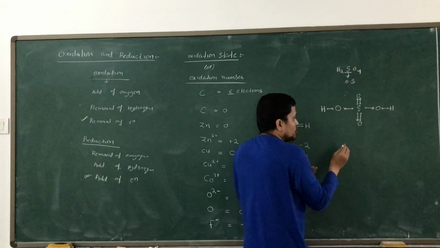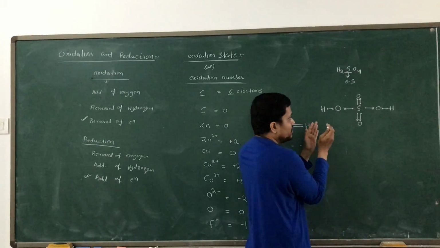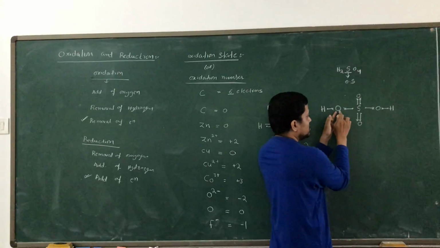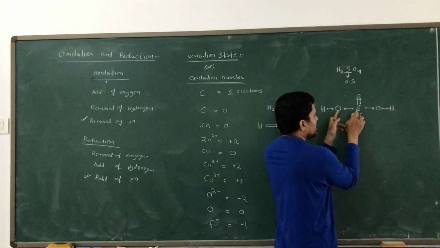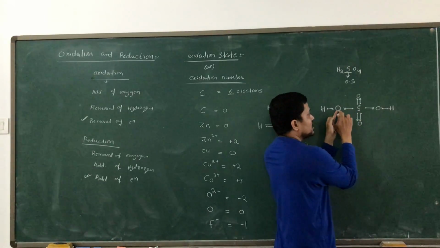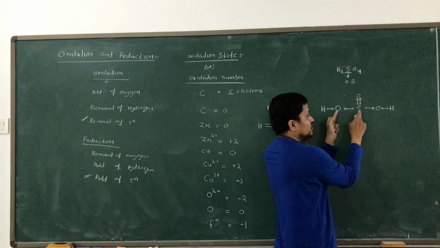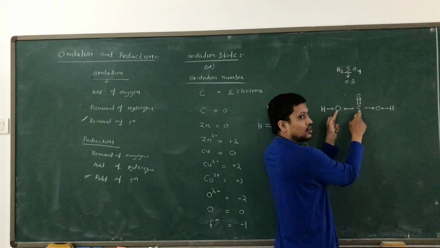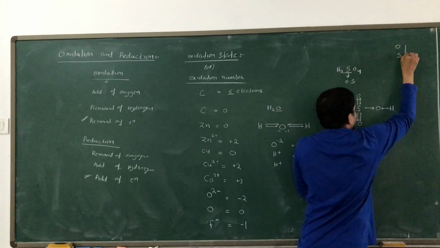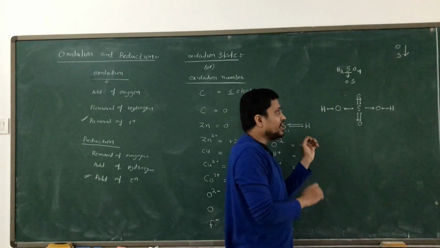First we will complete sulfur and oxygen. First I am completing this oxygen. Sulfur is sharing 1 electron with this oxygen. If you see the electronegativity difference between sulfur and oxygen, sulfur is less electronegative than oxygen. We know that after oxygen we have sulfur, and as we go down the group, electronegativity decreases.